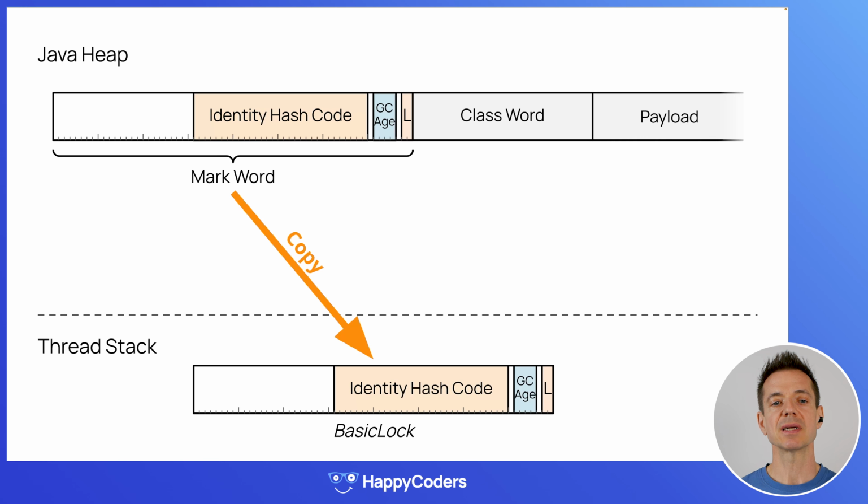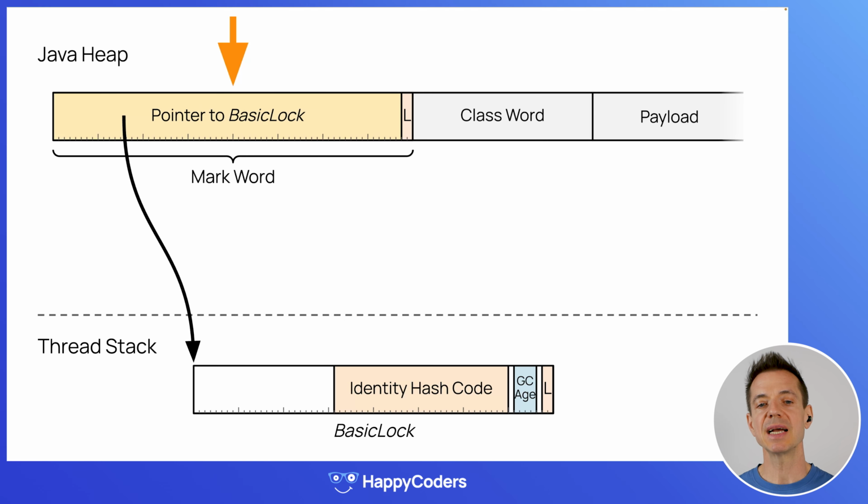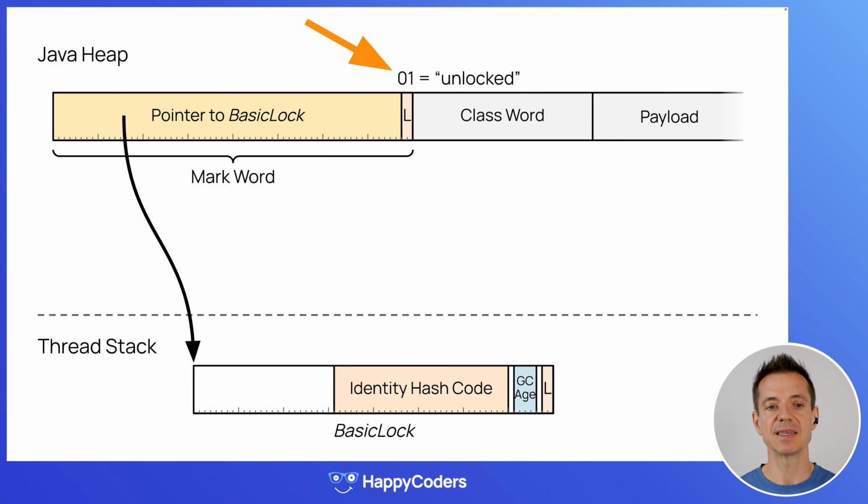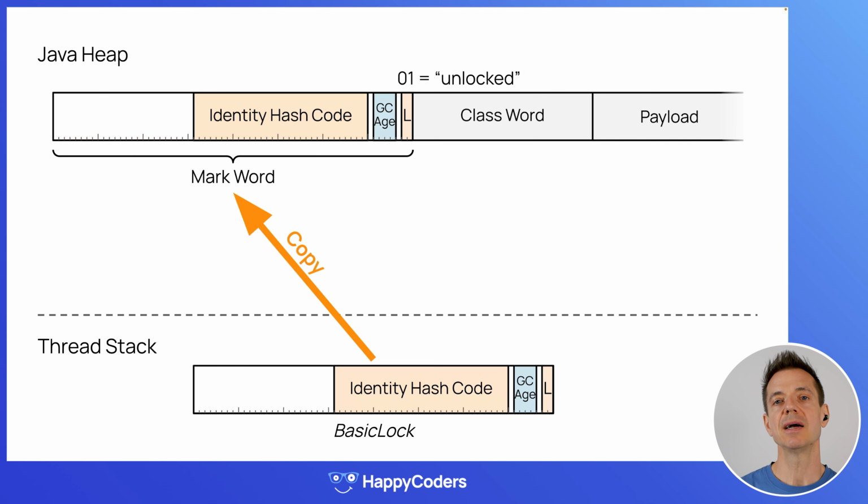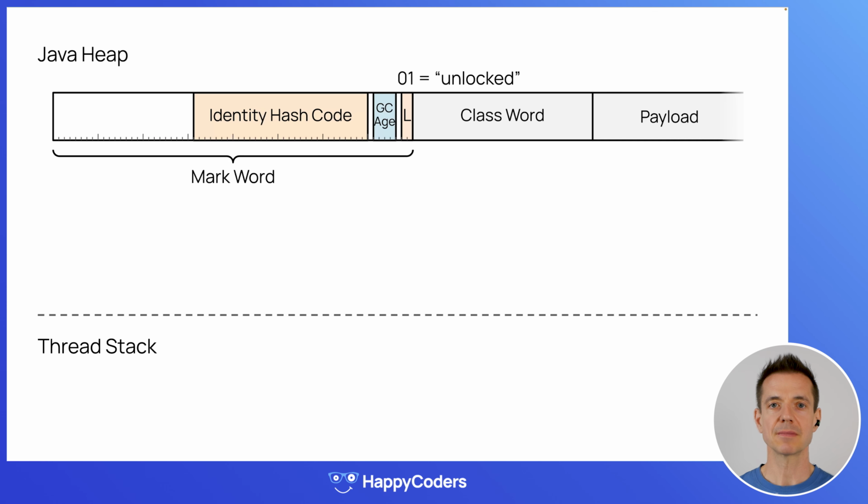The mark word is copied into it, and then the upper 62 bits of the mark word are replaced by a pointer to the basic lock. And the lower 2 bits, the so-called lock bits, are changed from their normal state 0,1 unlocked to 0,0 locked. When the synchronized block is exited, the mark word is copied back from the basic lock into the header and the basic lock is deleted.